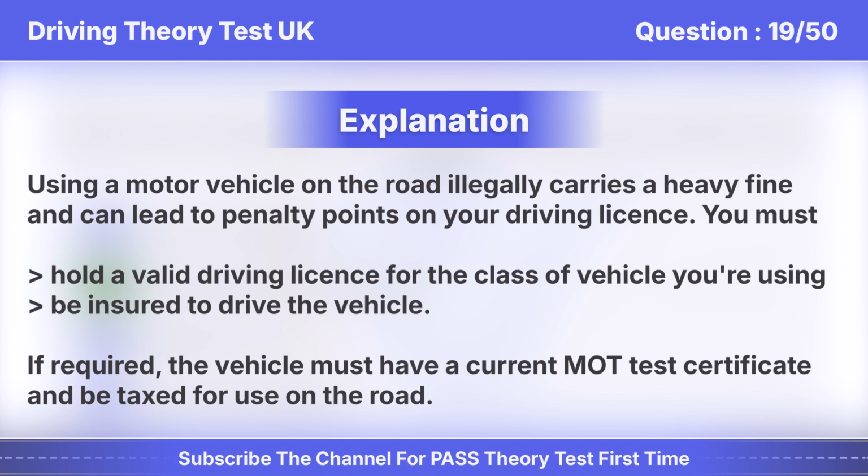Using a motor vehicle on the road illegally carries a heavy fine and can lead to penalty points on your driving license. You must hold a valid driving license for the class of vehicle you're using. Be insured to drive the vehicle. If required, the vehicle must have a current MOT test certificate and be taxed for use on the road.